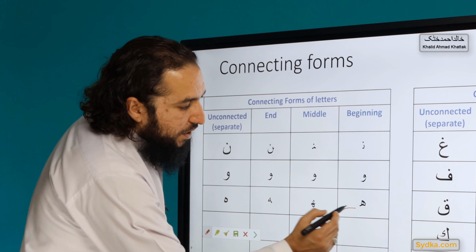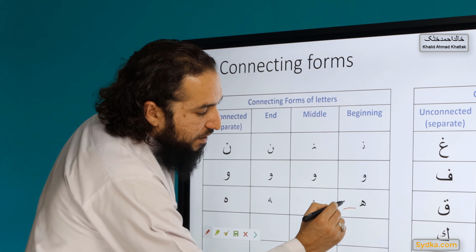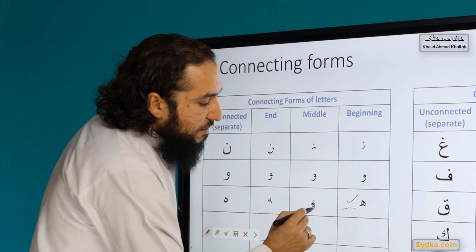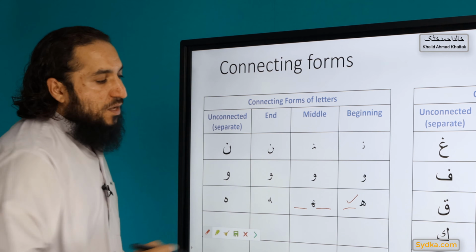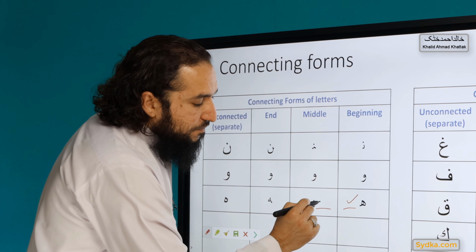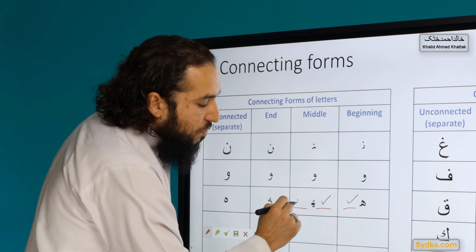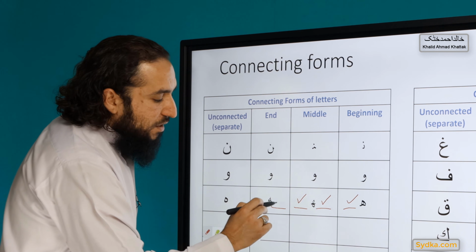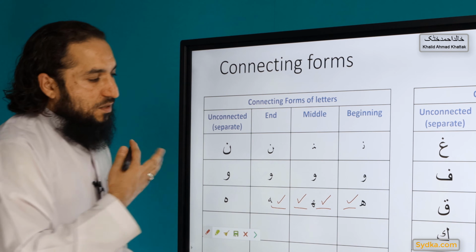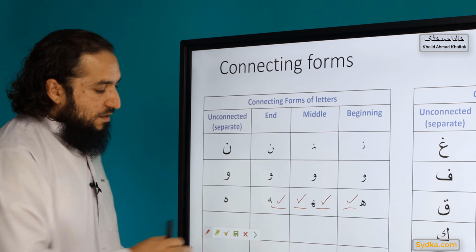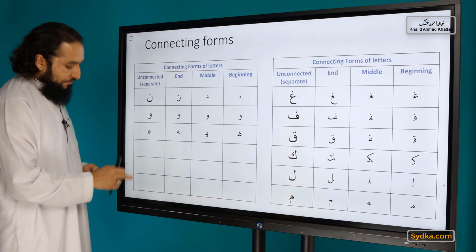If it's written in the beginning, other letters can be connected to it after it. If it's in the middle, you can connect other letters with it before or after it, and if it is at the end, you can connect other letters before it. Since it fulfills the condition of connecting letters, it is a connector.